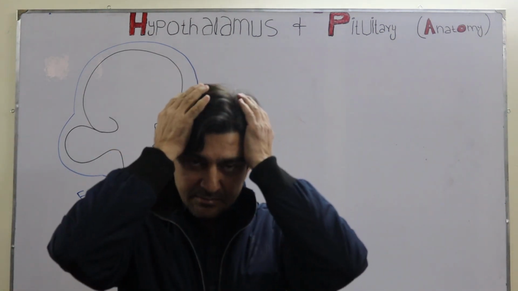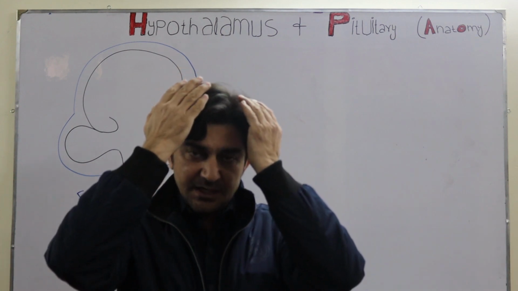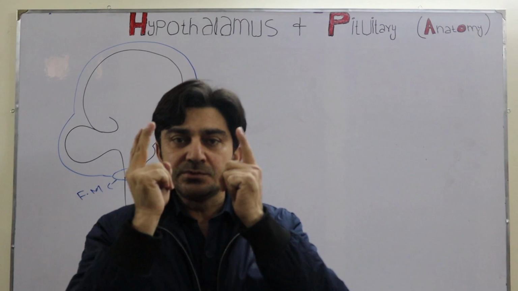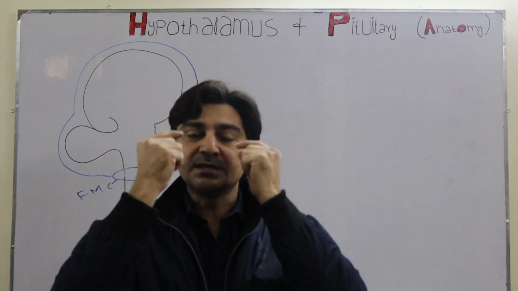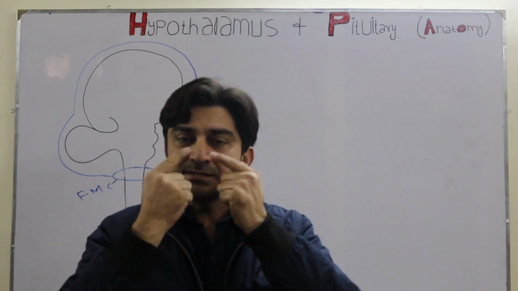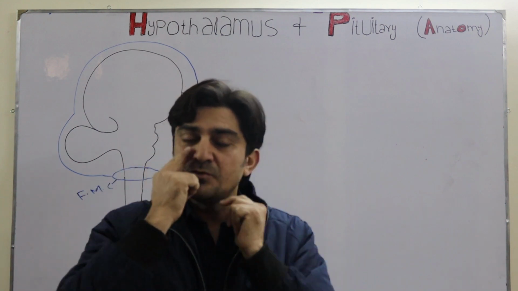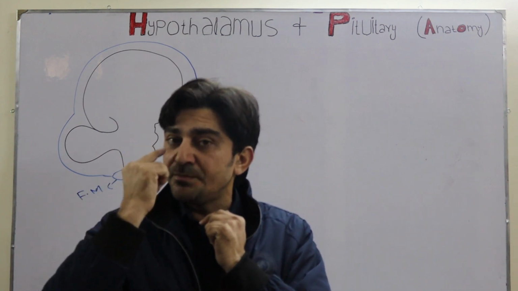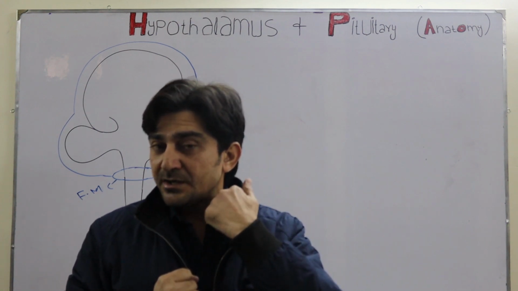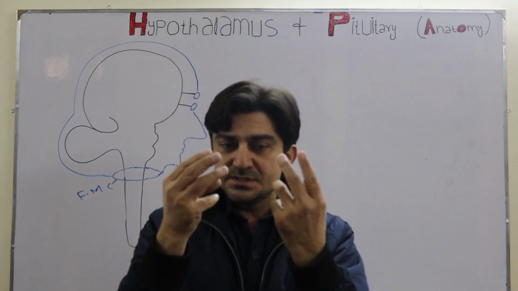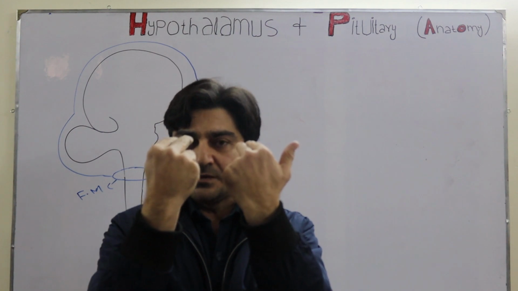Let's suppose this is my brain and these are my eyes. Our brain consists of two cerebral hemispheres. Collectively the two cerebral hemispheres are called cerebrum. This is one cerebral hemisphere, this another cerebral hemisphere. From these eyes, the visual information reaches the cerebral hemispheres, from one eye to one cerebral hemisphere through the optic nerve, and from the other eye to the other cerebral hemisphere through the optic nerve.